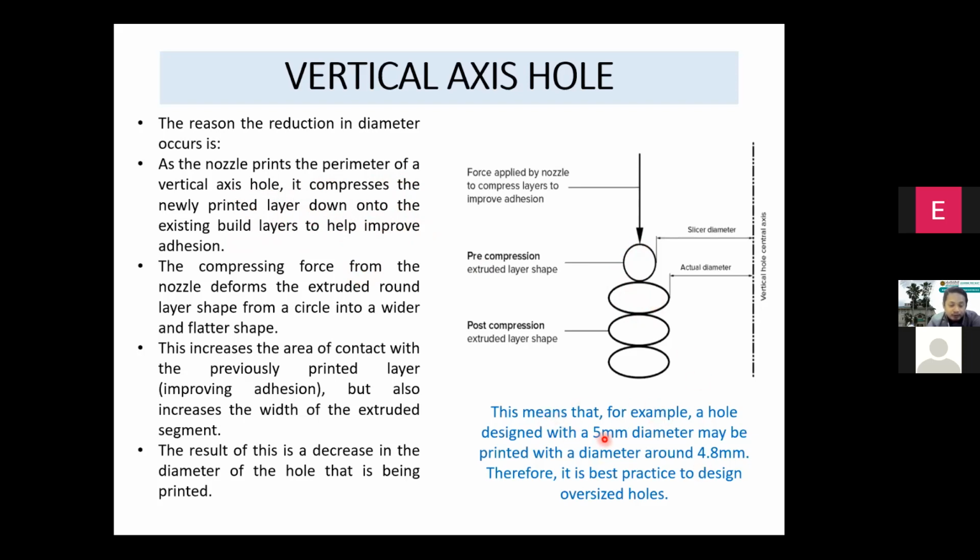For example, a hole designed with 5 mm diameter may be printed with a diameter around 4.8, because it compresses the previous layer to make sure that each layer is bonded together. Therefore, it's best practice to design an oversized hole. So this is what I did in my project. I have to design a little bit larger compared to the actual one, so that it can compensate for this situation.